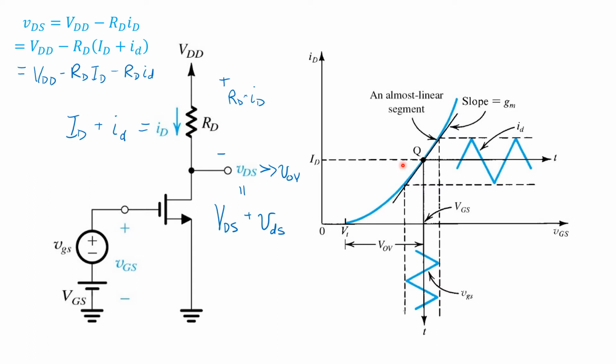The operating point part is here. You see that it can be calculated just from DC operating point quantity, all uppercase ID, whereas the small signal part depends on the small signal lowercase id.